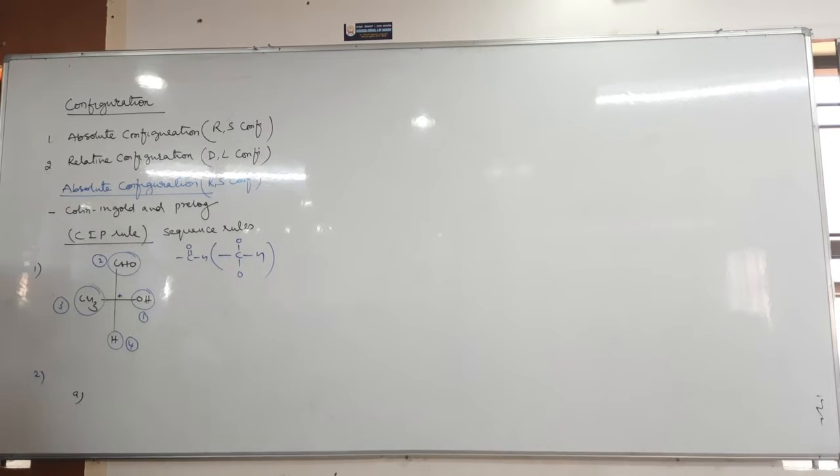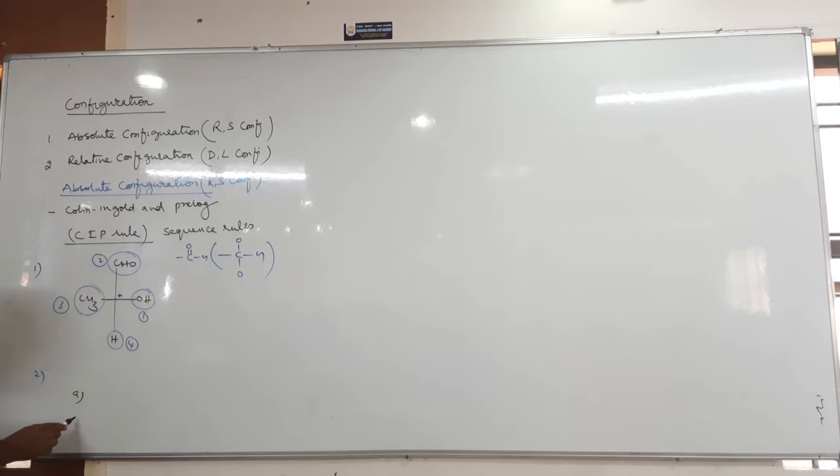In bracket, the fourth priority group must be on the vertical line, that is, below the plane.